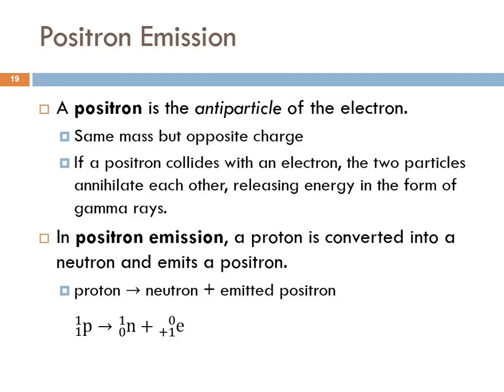So positron emission involves a proton being converted into a neutron and a positron. One proton turns into a neutron and a positron. The positron is what's emitted, the neutron stays behind. So the mass number of the isotope is going to stay the same, but the atomic number is going to go down.